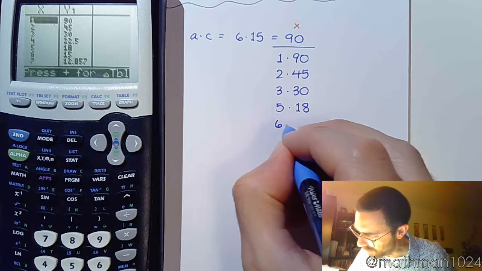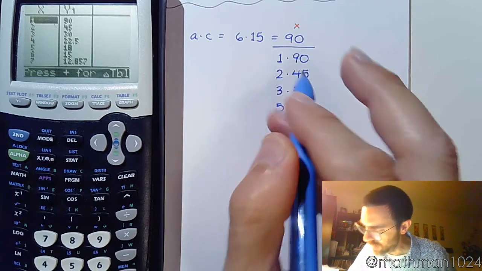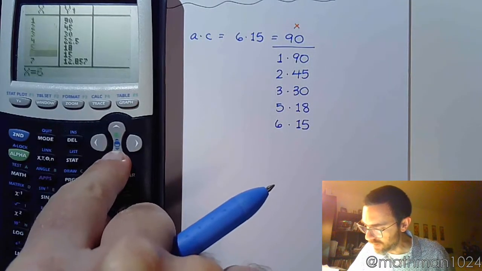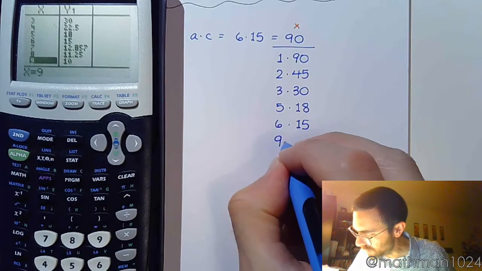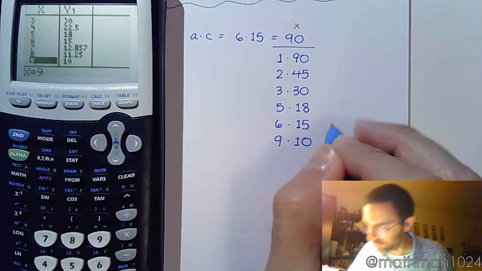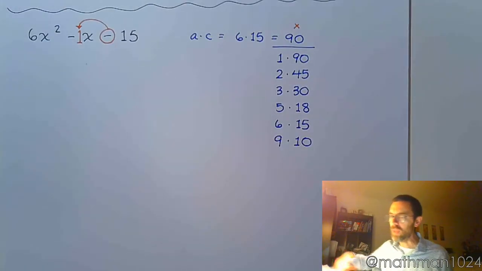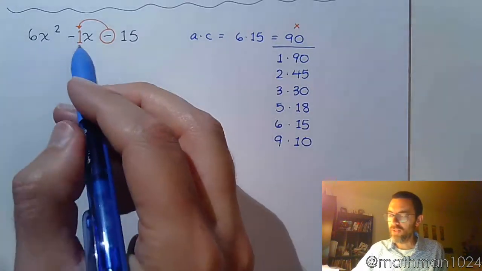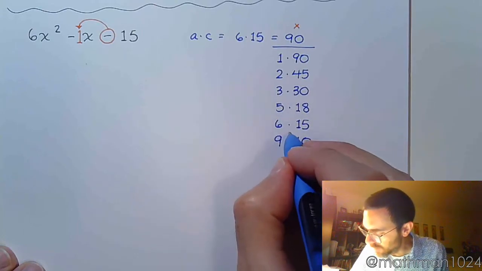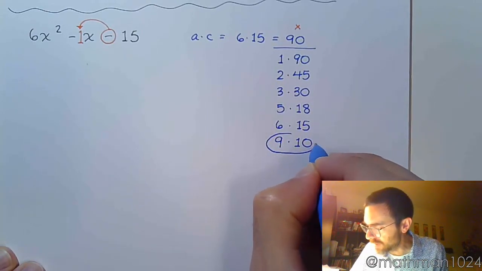Let's see, 6 times 15, of course. 7 doesn't work. 8 doesn't work. And then you get to 9 times 10. All right, so of all these factor pairs, there's only going to be one that works, if there is one that works at all. So we need to find a factor pair that has a difference of 1. And that's going to be this guy right here, 9 times 10.